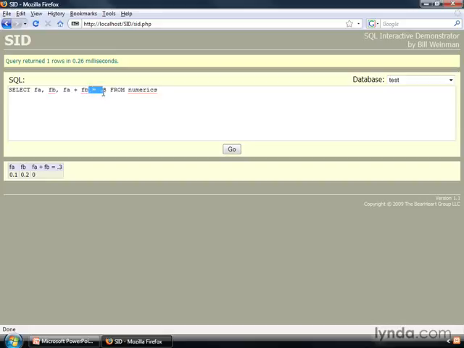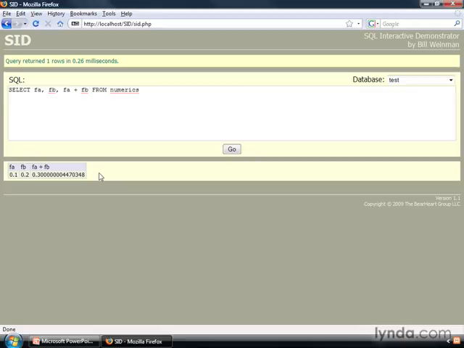Well, let's just take out the equals 0.3 part here and see what FA plus FB is. And that's not really what we expected, is it? It's 0.3, which is accurate to about 6 or 7 decimal places, and then a bunch of junk. This is not equal to 0.3, and that's the problem.